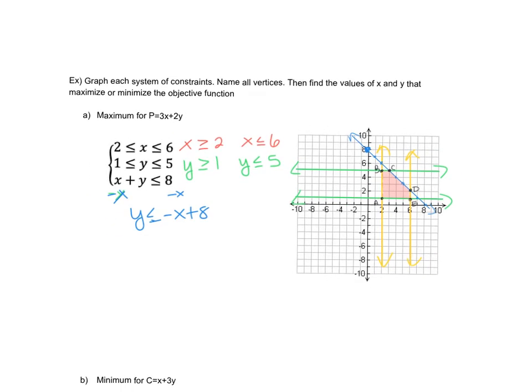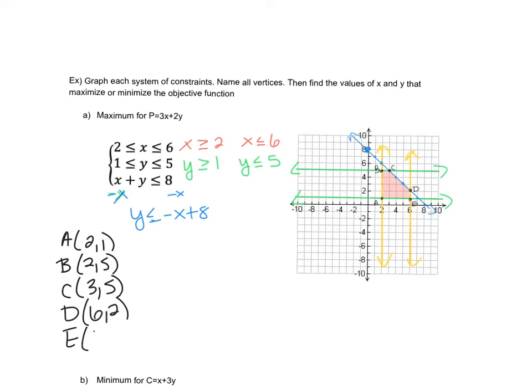We have A, which is at 2, 1. B is at 2, 5. C is at 3, 5. D is at 6, 2. And E is at 6, 1.